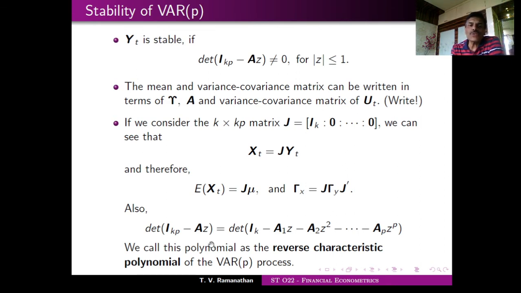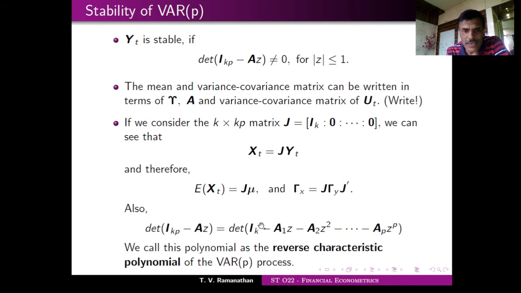stability equation? So you can see that the stability equation is nothing but the determinant of I_kp minus Az. And if I write this particular matrix, we know that this turns out to be nothing but the determinant of I_k minus A_1 z minus A_2 z squared, etc., minus A_p z to the power of p.